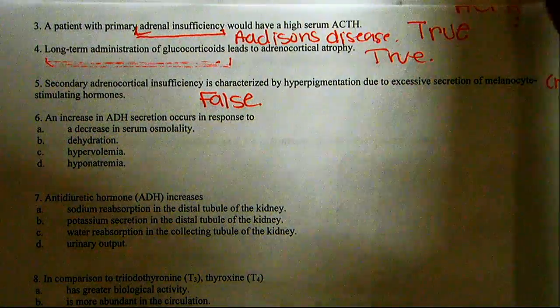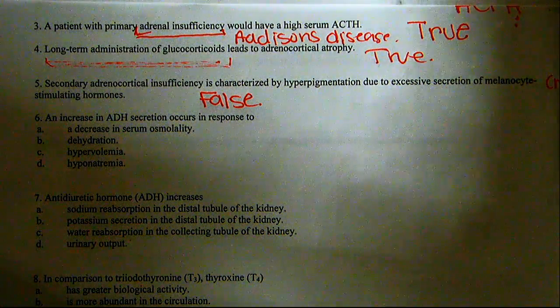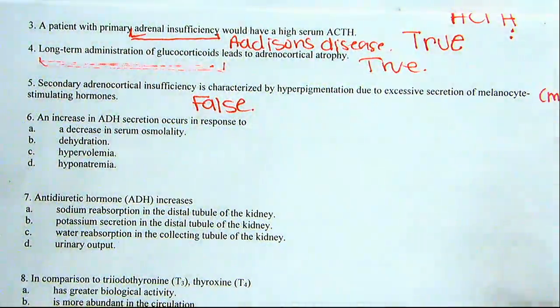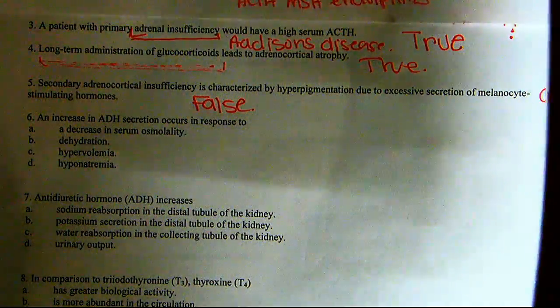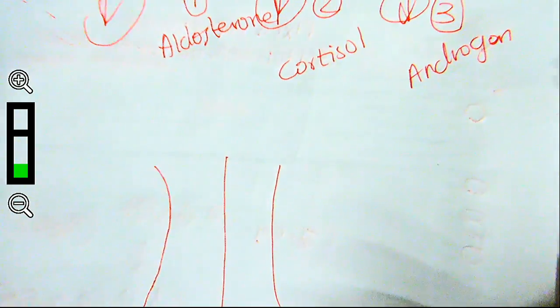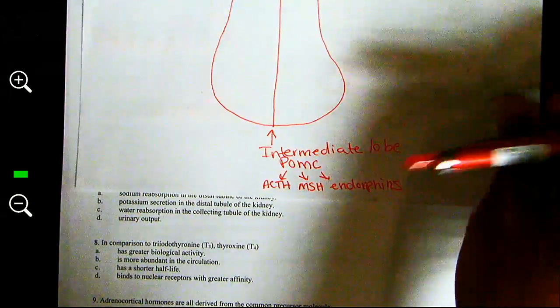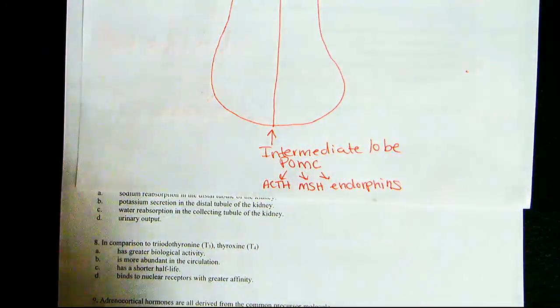When we have a negative feedback, and then we have low levels of aldosterone, cortisol, and androgen, it'll go back to the pituitary gland, right?